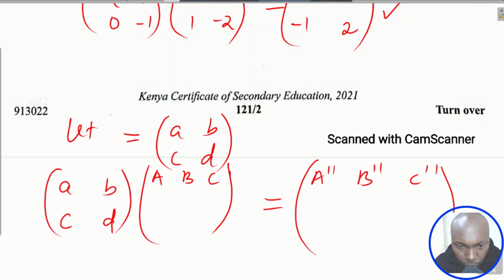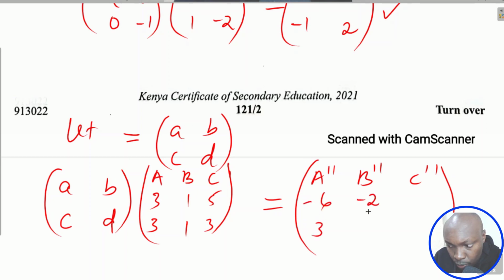So what you need to do is insert ABC, which is 3, 3, 1, 1, and 5, 3. Then you insert the coordinates of these, which is -6, 3, -2, 1, and -6, 1.